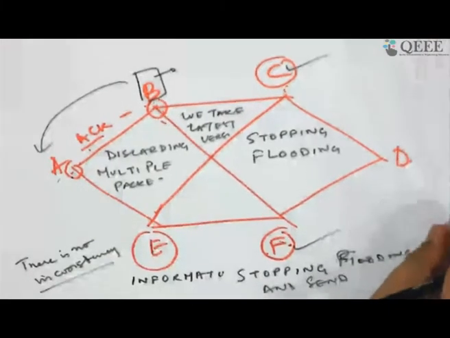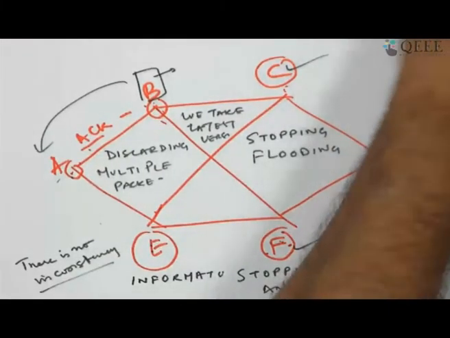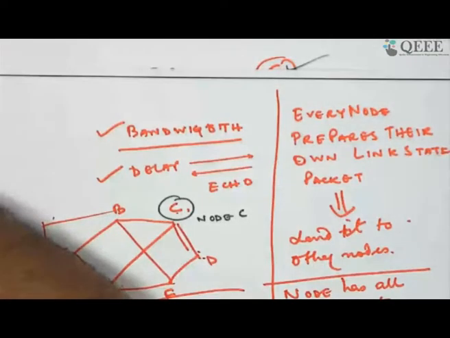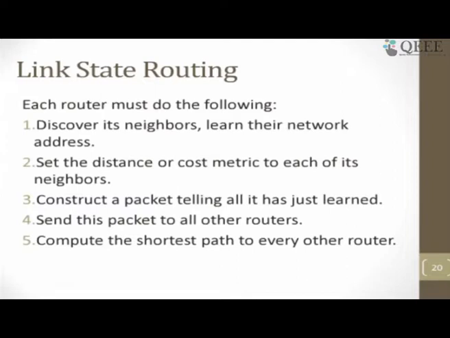Fine. So let us once more go back and look into link state routing before stopping this session. Link state routing is basically doing a Dijkstra algorithm, running it on every node independently.